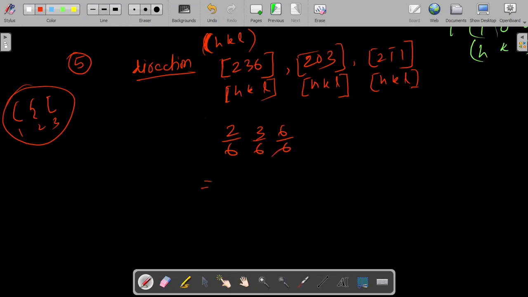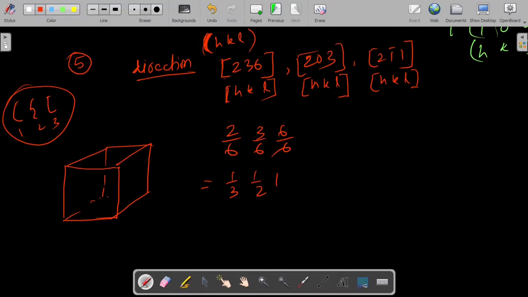Then you have 1 over 3, 1 over 2, and then 1. And you have the cube here. So there is no negative. So very safely you can assume this one to be your origin. Let's say this is the origin. This is X, this is Y, this is Z.